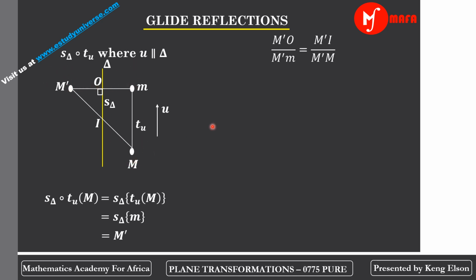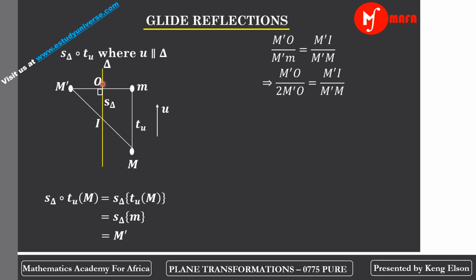Now we know that O is the midpoint of the line segment M prime small m. It means that M prime small m is just 2 times M prime O, because O is a midpoint.